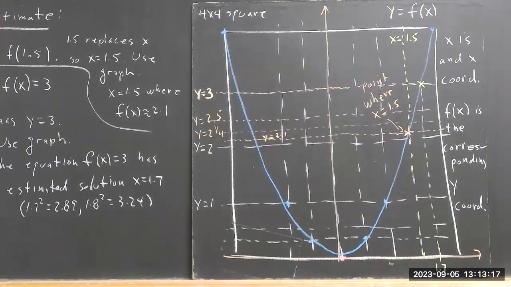So 1.7 is a better estimate than 1.8. Okay.